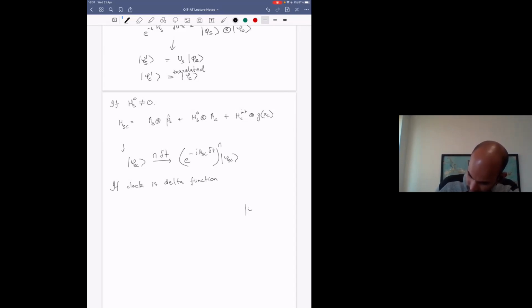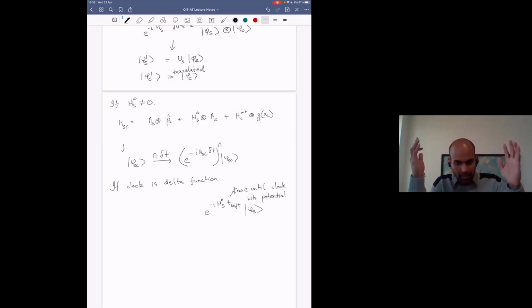First you have psi s. First you get e to the minus i H_0s times t, let's call it t_left, which is the time until the clock hits the potential. This is basically to say, as the clock is moving, if it's not in the potential yet, the only Hamiltonian acting on the system is its own Hamiltonian.